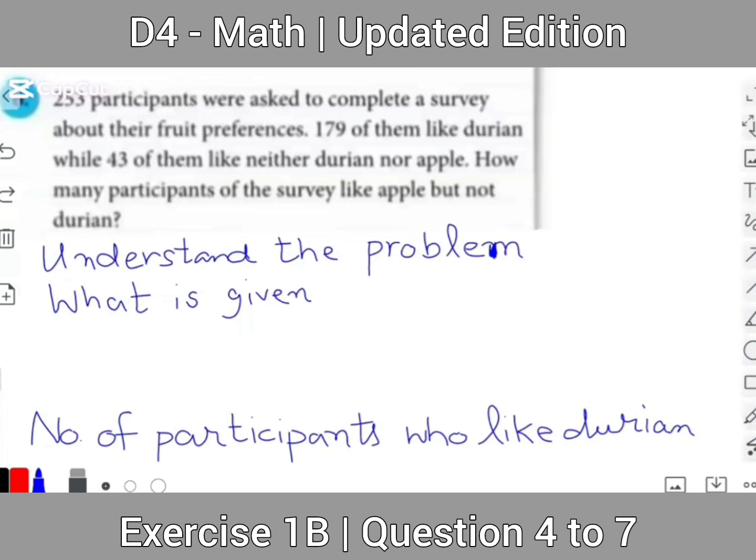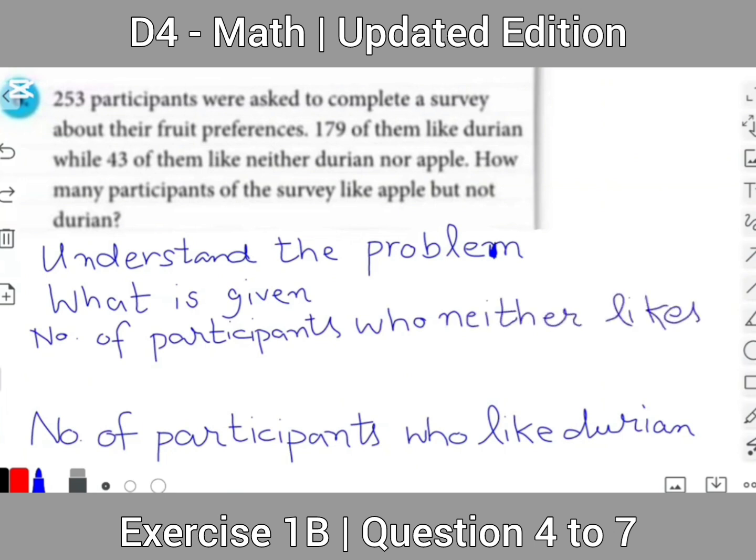And the number of participants who like neither of the two fruits.